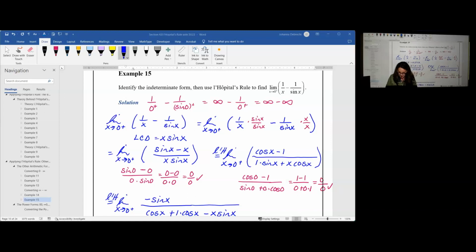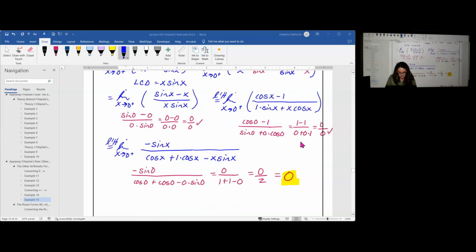The next step is to apply L'Hopital's rule once again. This gave us the product here. You'll see I had to use the product rule on the second term in the denominator, but not the first. This time when I substituted 0 in place of x, I ended up with 0 divided by 2, which is the number 0.